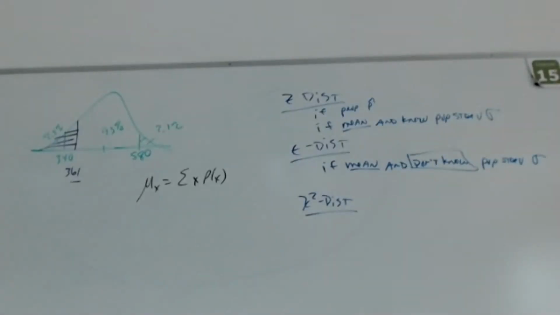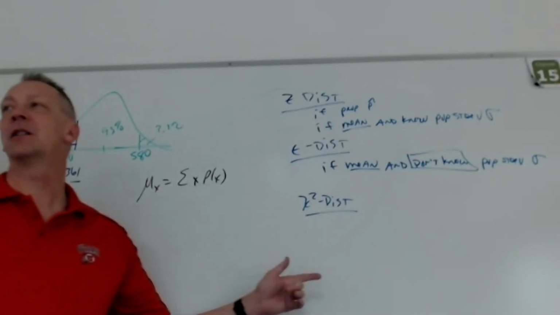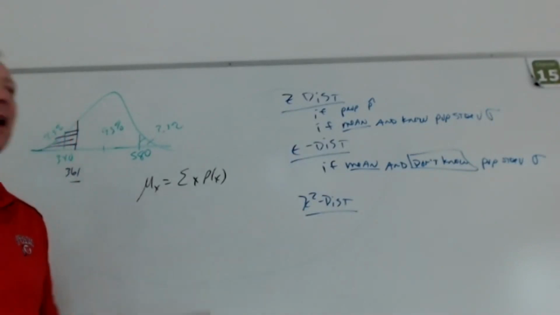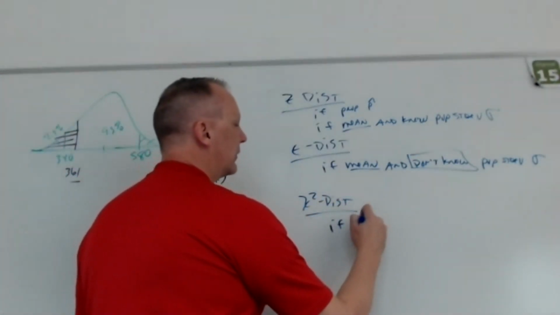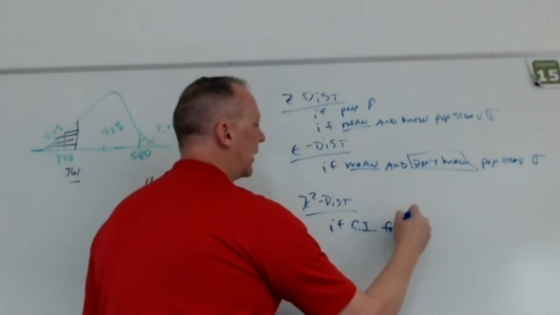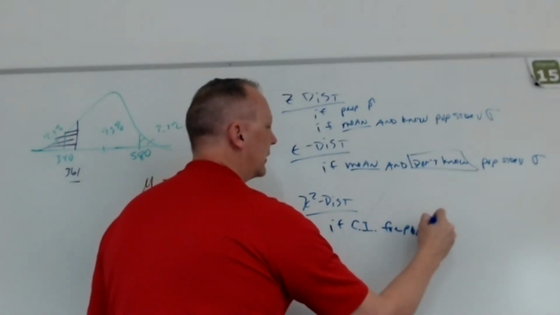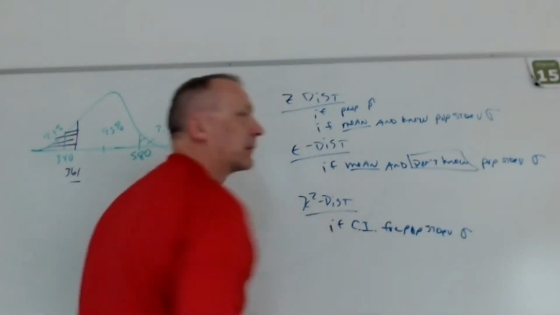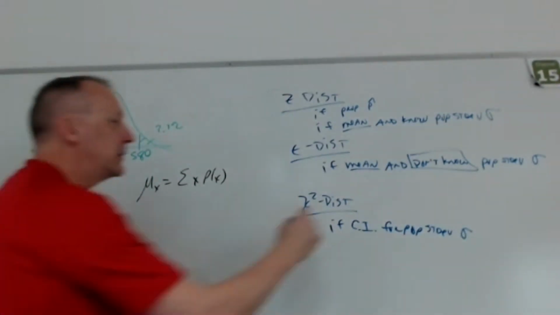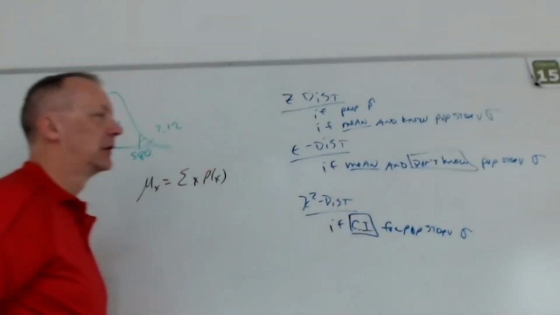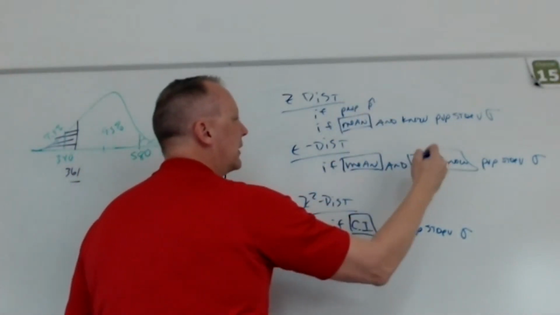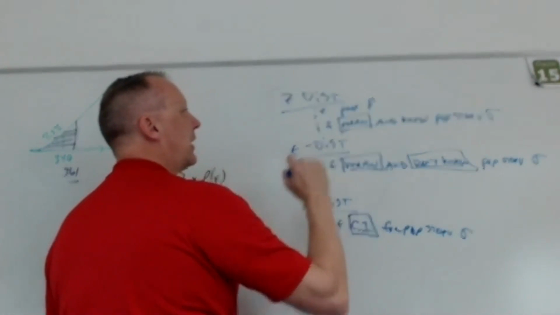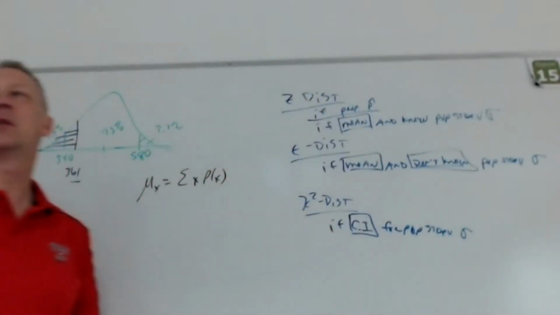When you use the chi-squared, there are other chi-squared tests, but the only one we know today is if you want a confidence interval for the population standard deviation sigma. The key here is confidence interval. The key here is mean. This is also a mean, but either you know or you don't know the population standard deviation. The z also works with the proportion.